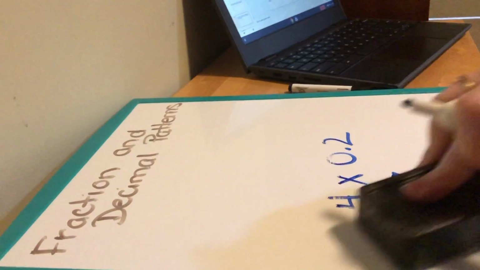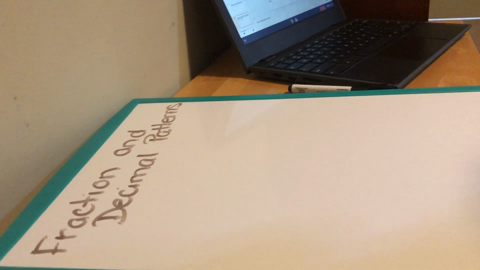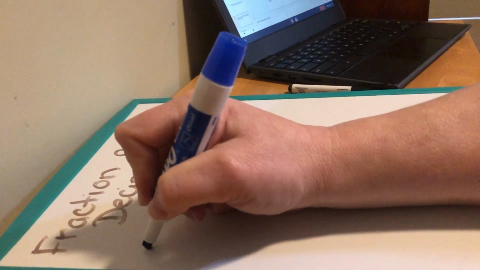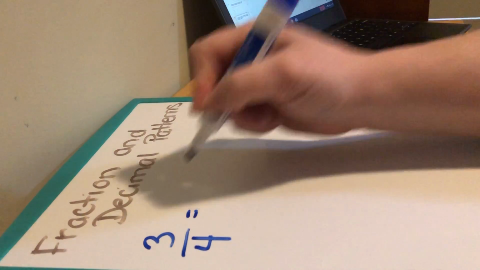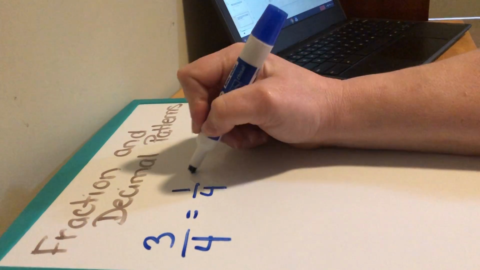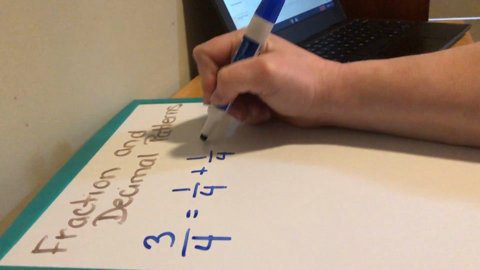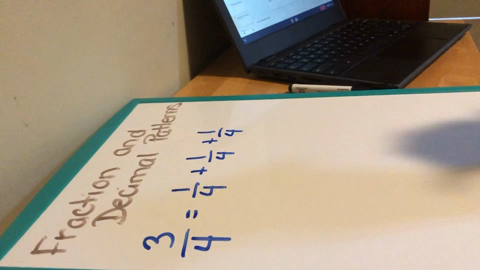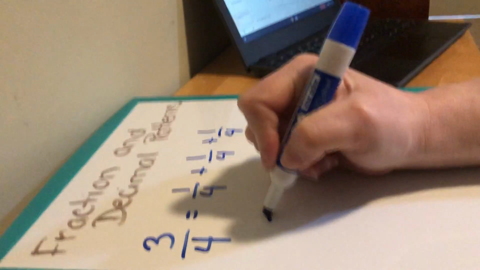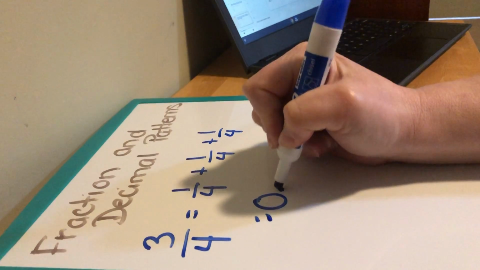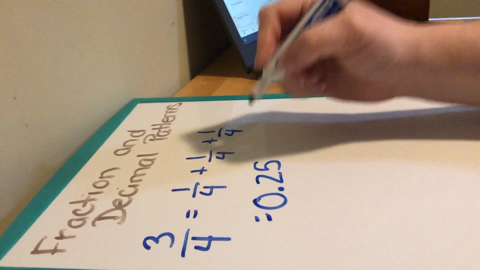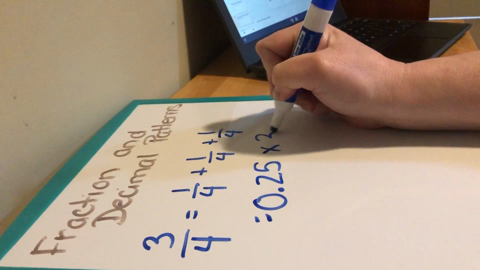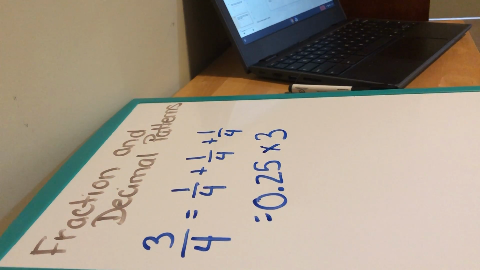Okay, so let's try the next question on the page. The next question says 3/4. So for 3/4, I could do 1/4 plus 1/4 plus 1/4. But I know that since 1/4 is 0.25 and I need 3 of them, I can just multiply it like that.